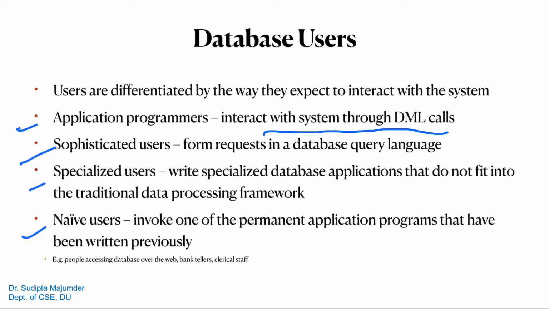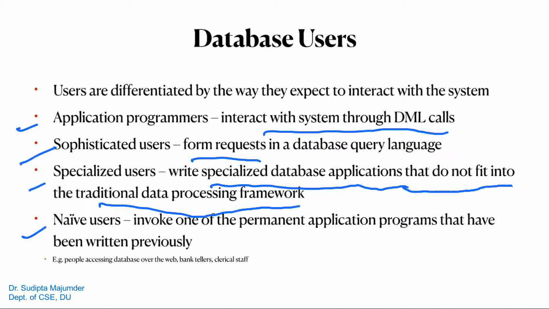Sophisticated users form requests in the database query language. Specialized users write specialized database applications that do not fit into the traditional data processing framework. And the naive users invoke one of the permanent application programs that have been written previously. Examples: people using databases over the web, bank tellers, and clerical staff are naive users.